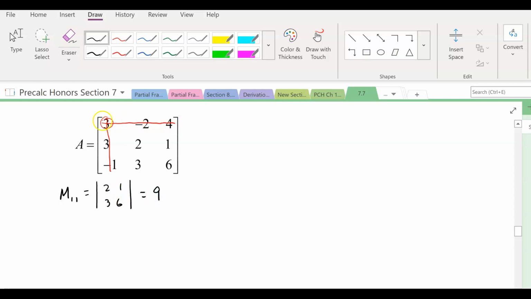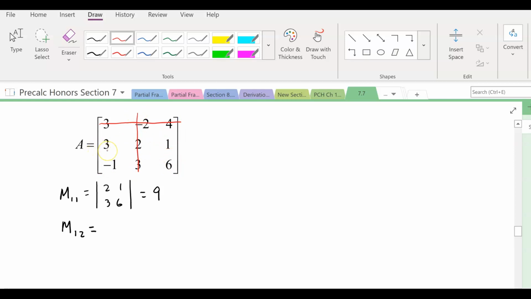All right, then let's move on to the minor for row 1, column 2. So I'm going to cross out row 1 and column 2, and I have these 4 values left here.